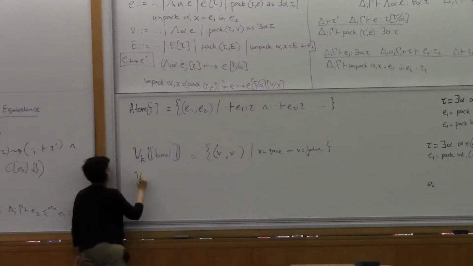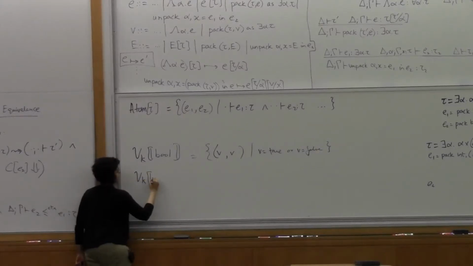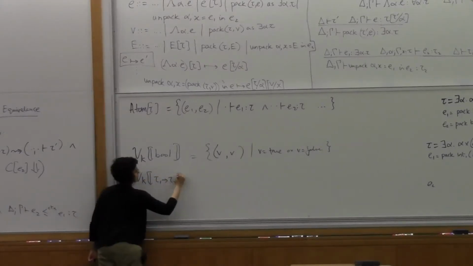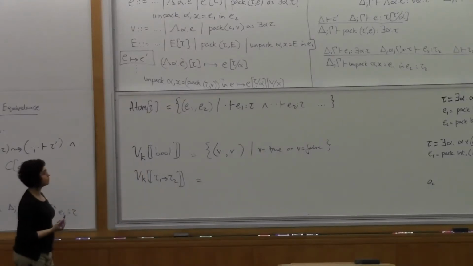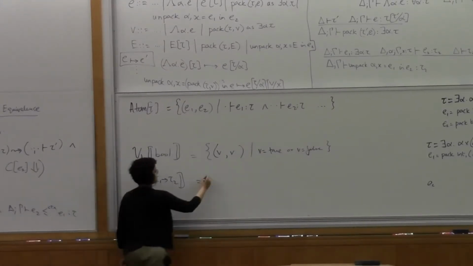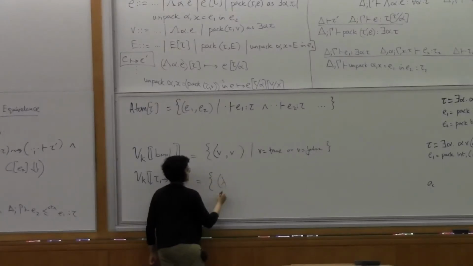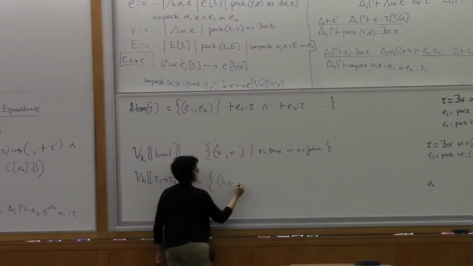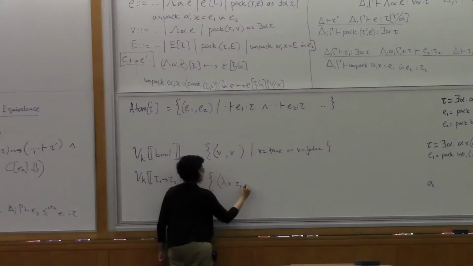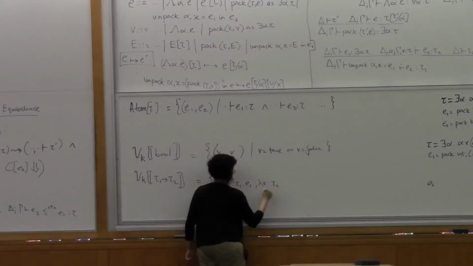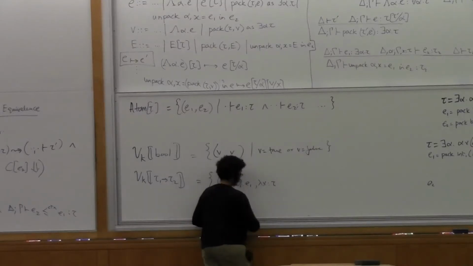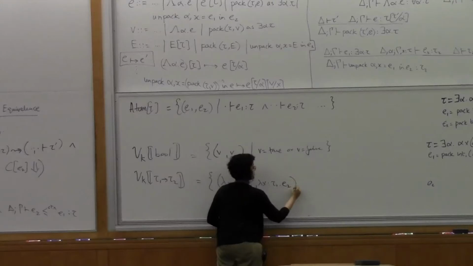How about functions? We're going to have two lambdas in here, right? Lambda x colon tau 1 E1 and lambda x colon tau 1 E2.